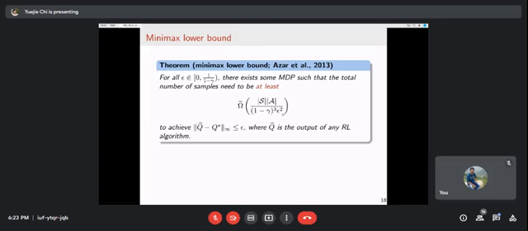This is the sample complexity that you need no matter what algorithm you use. No algorithm can succeed if it has a number of samples below this order.